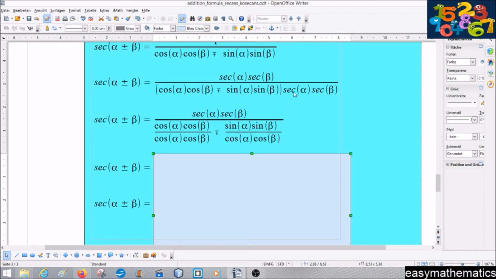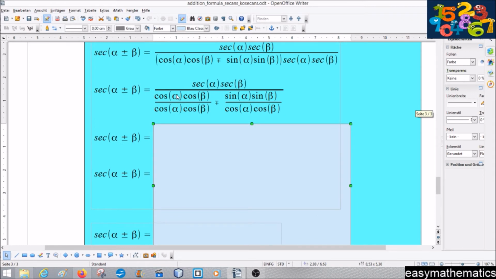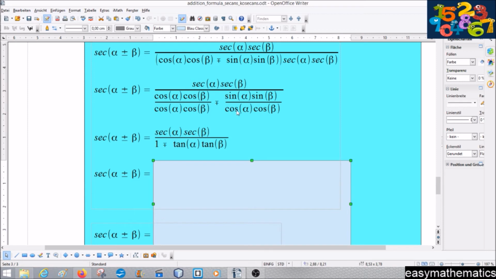Alright? So secant is 1 over cosine. Okay? Now we get here, the left part is 1. And sine over cosine is tangent. So this is the first possible addition formula.